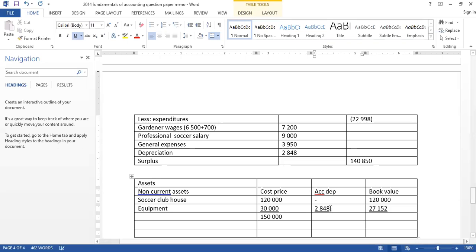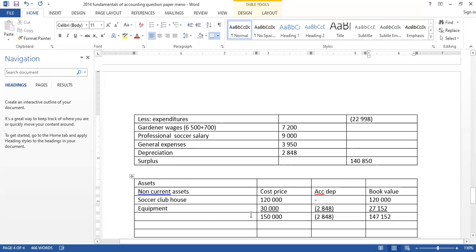This is a negative, so it should be in brackets, 2,848. So 120,000 plus 27,152 will give us how much? It will give us 147,152.